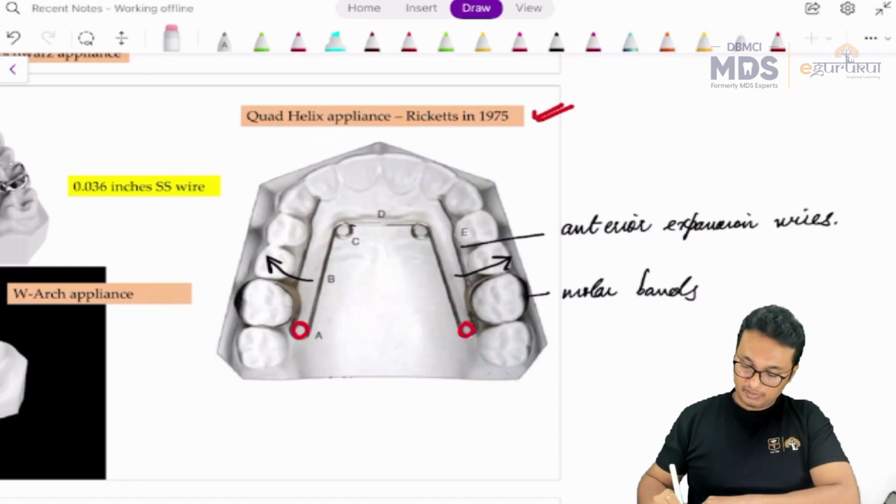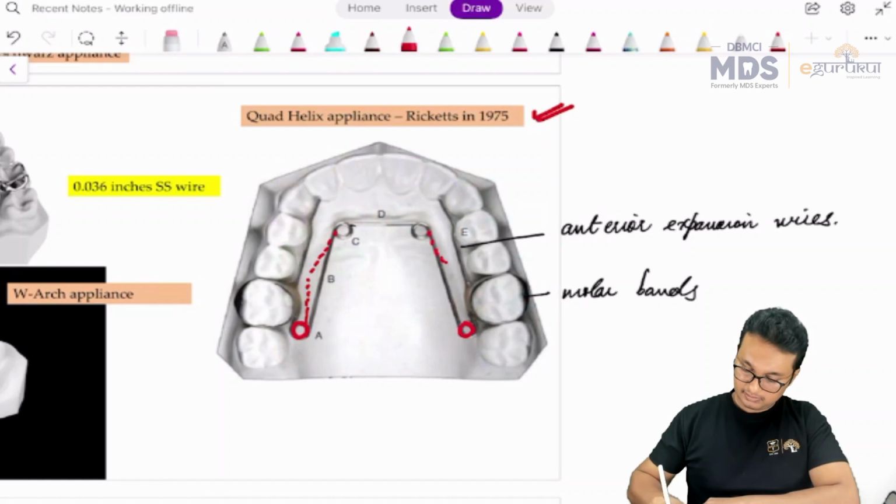Now whenever we want to expand the anteriors, we have to use the same 3-prong plier, and we have to make the posterior bridge in this direction.